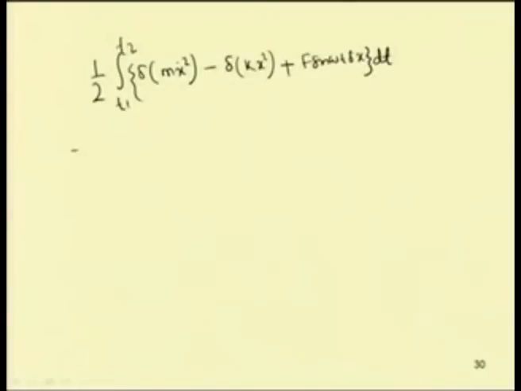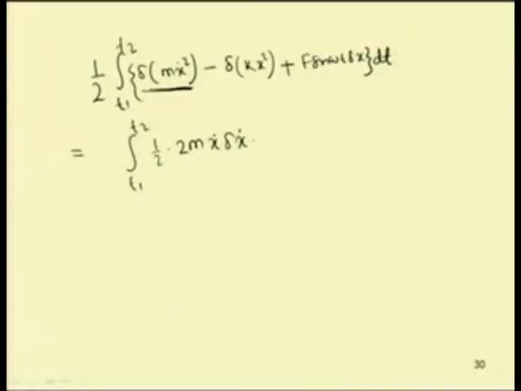For the first term, half into 2 m x dot del x dot. Note that when using the del operator, x dot square becomes 2 x dot del x dot.